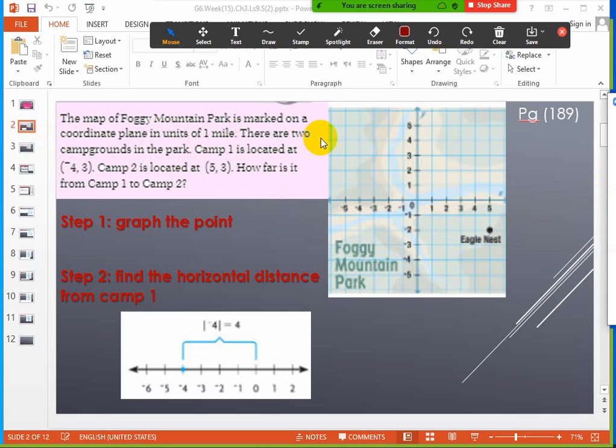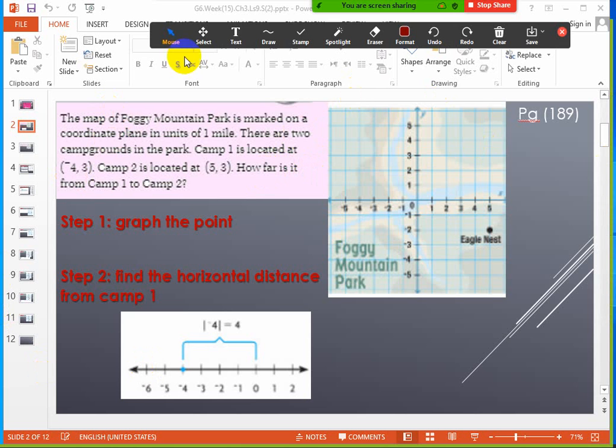There are two campgrounds in the park. Camp 1 is located on this point, and Camp 2 is located on 5, 3.